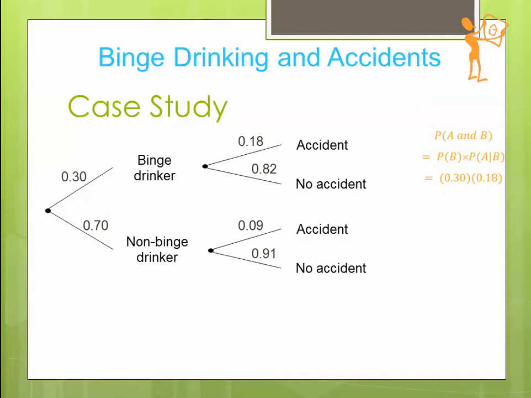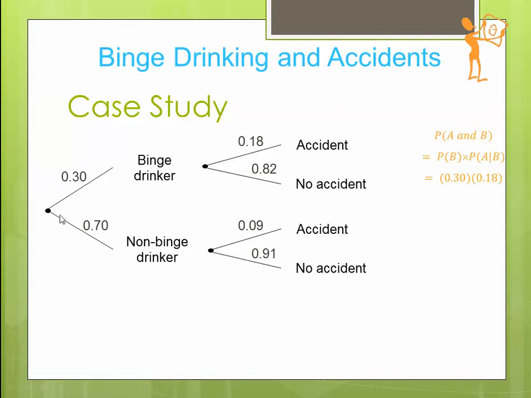From there, we know that 18% of those binge drinkers have been in an accident, which leaves 82% of those binge drinkers to not be in an accident. And of the non-binge drinkers, we know that 9% have been in an accident, which leaves 91% that haven't been in an accident. So that's the second segment of our branches.